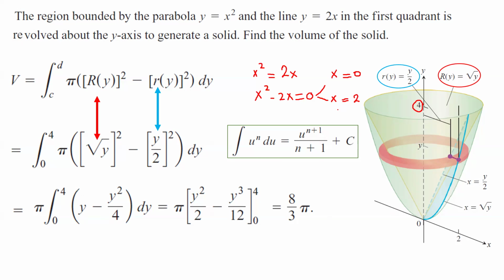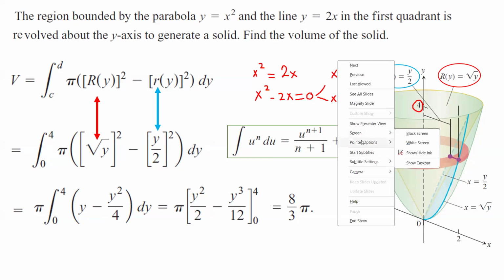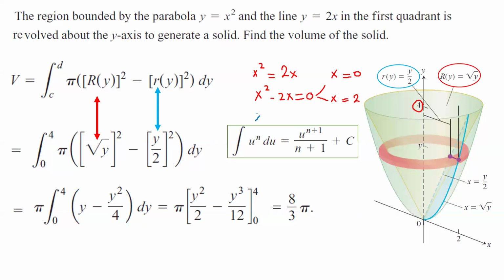So when x is equal to 2, if you plug that into one of the functions, you're finding the intersection, so it doesn't matter which one you're using.